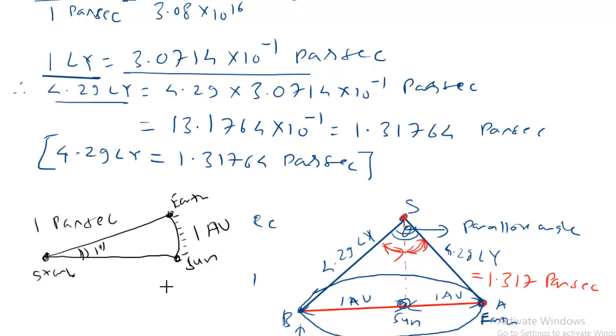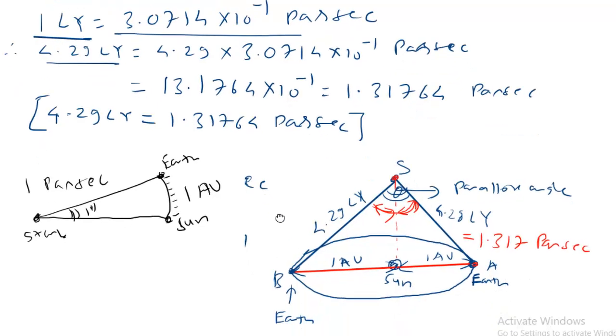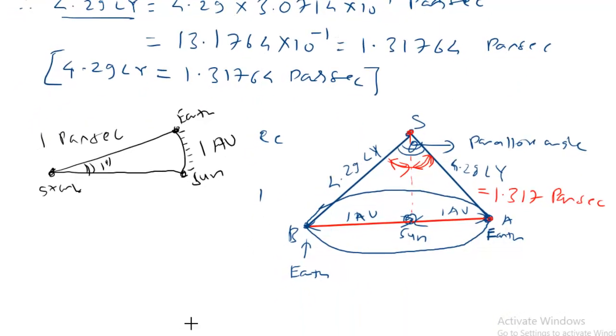Now in our question, the star is 4.29 light year away or 1.317 parsec distance away. So let us apply the formula for 1 parsec. The angle is represented as the length of arc, 1 AU, divided by 1 parsec distance.